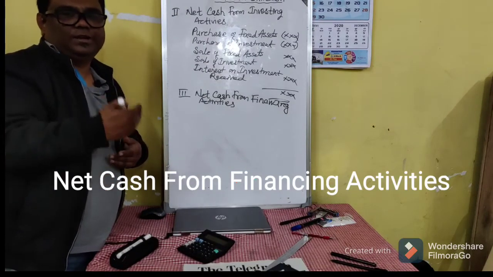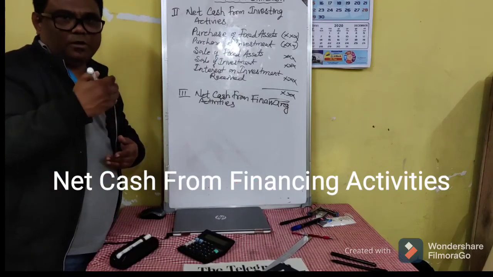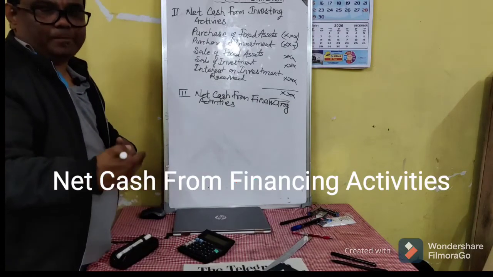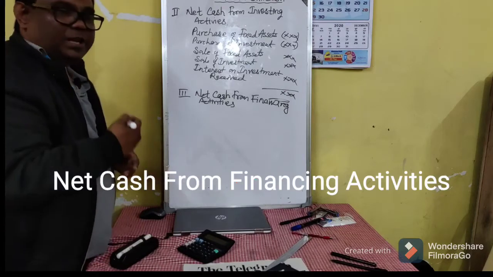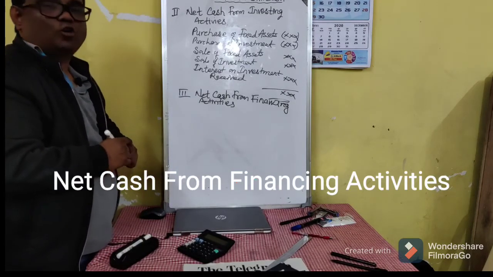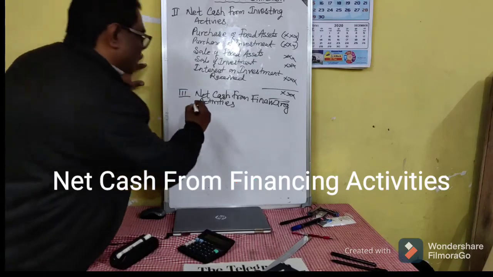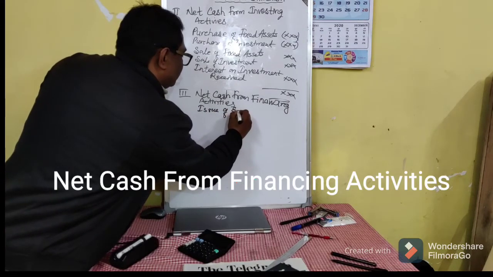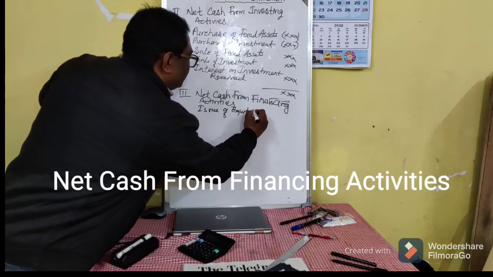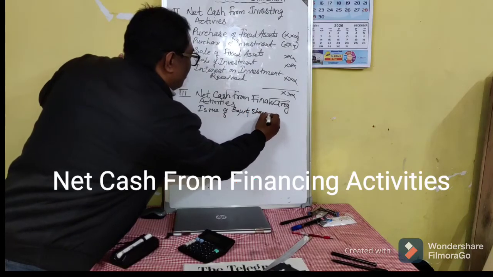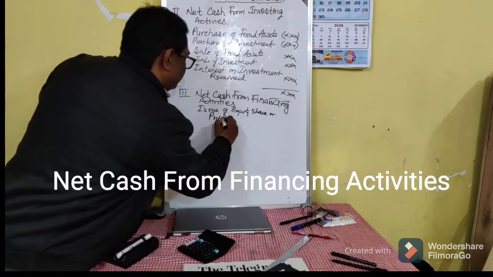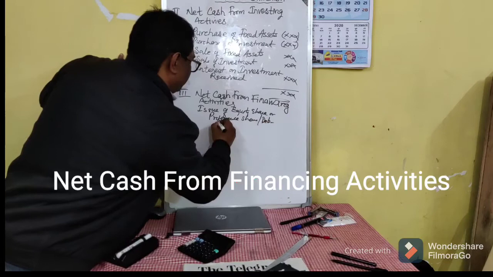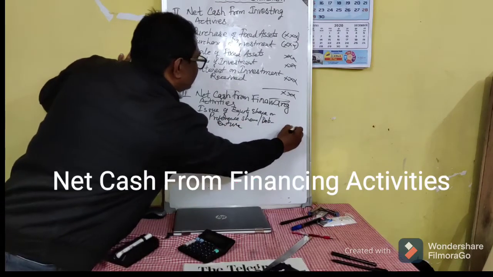So again, interest paid, dividend paid, proposed dividend of last year paid. These are dividend paid, these are interim dividend paid, these are the outflow of cash that comes inside the financing activity. So here, issue of equity shares or preference shares, debentures, these all are the inflow of cash.